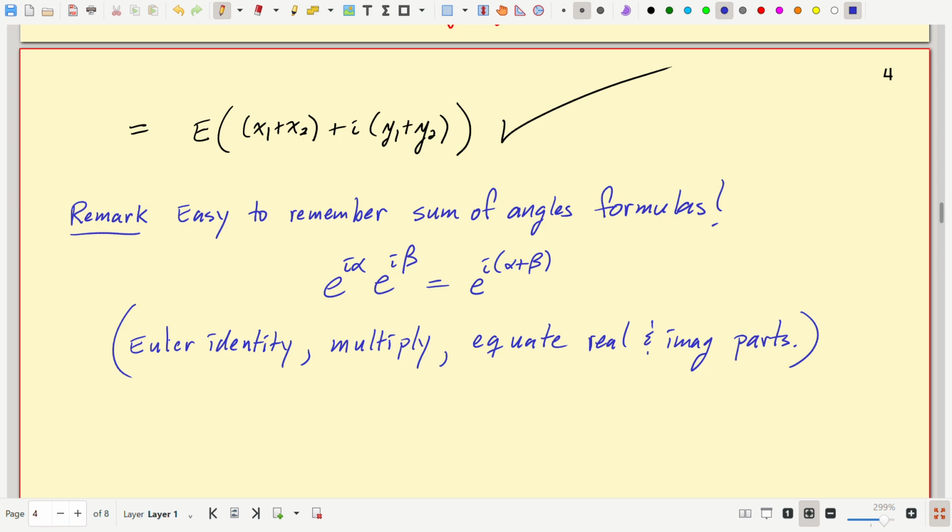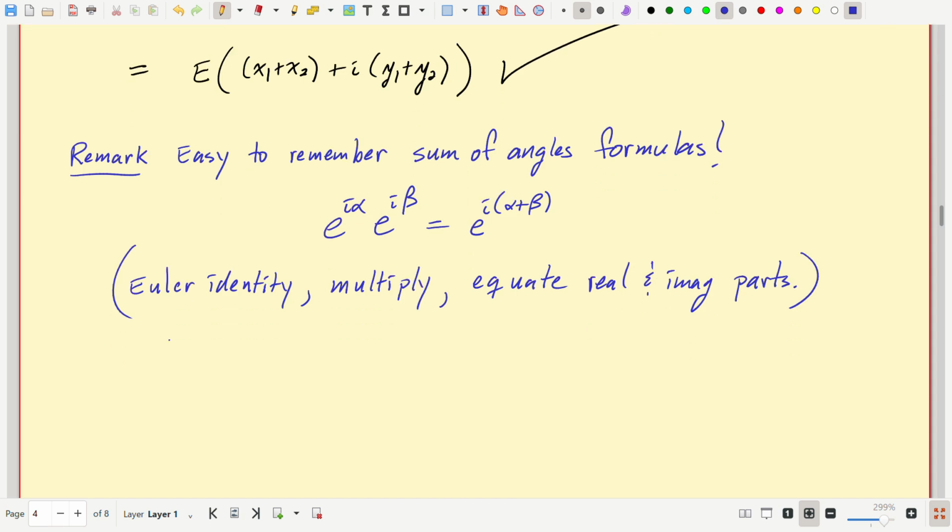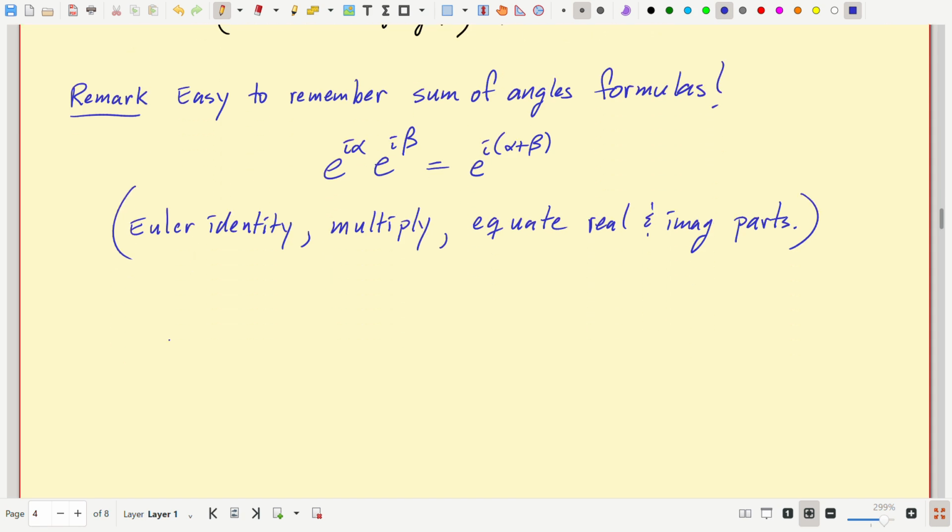Questions about that? Well, this leads to a famous formula called de Moivre's formula, which is very useful, especially in Fourier series here.